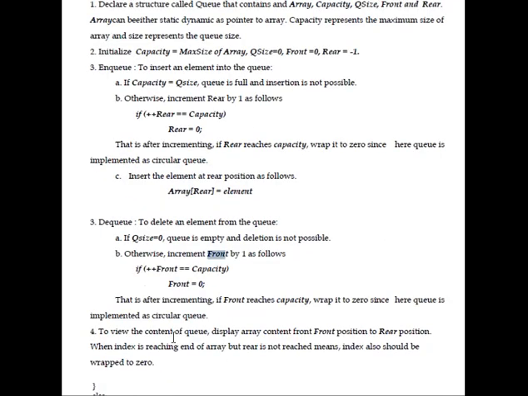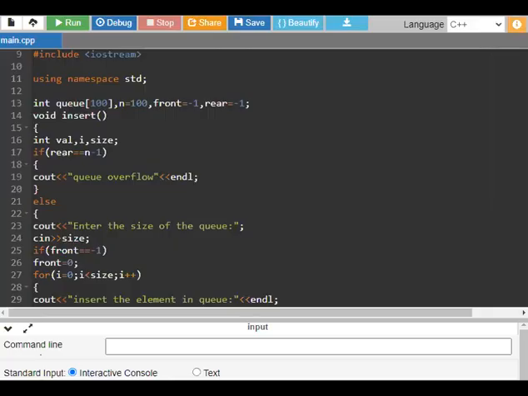If you want to view the queue, it shows the queue elements from the front position to the rear position. Through this index, we display the elements from the queue. Now we are going to run the program.